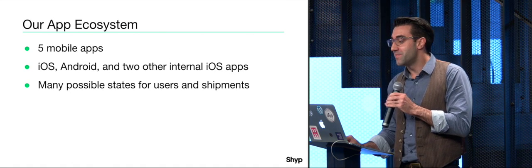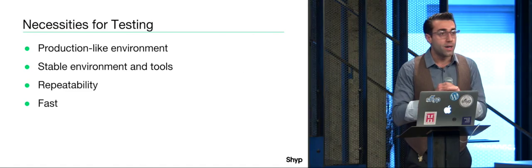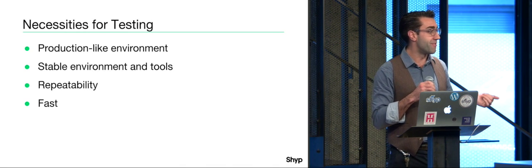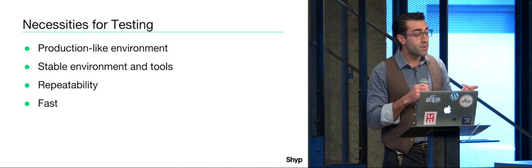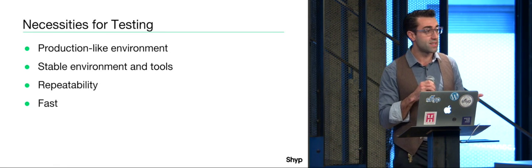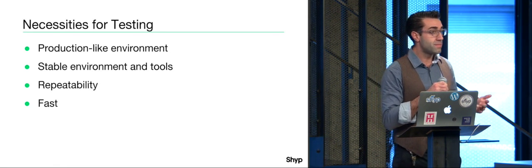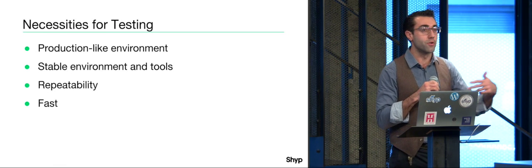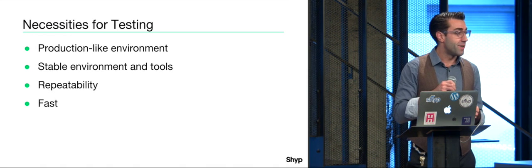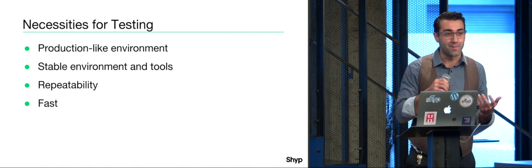So, just the basic fundamentals of testing. You want your environment to be production-like. You want it to be stable, so if it's crashing all the time, it's going to be really difficult to test. You want your tests to be repeatable and return the same results over and over again. And you also want them to be fast, right? Slow tests don't make anybody happy.